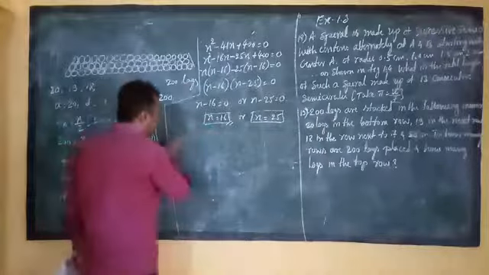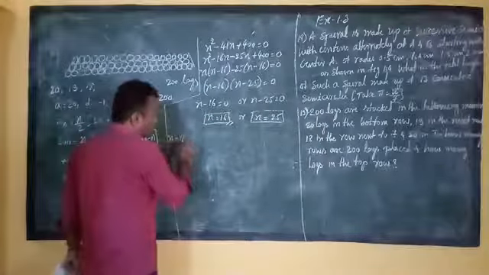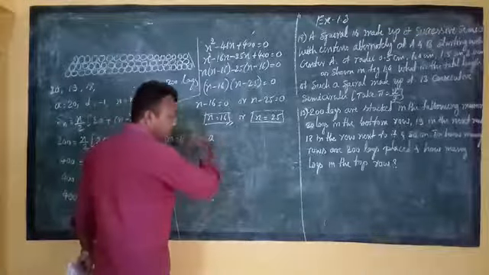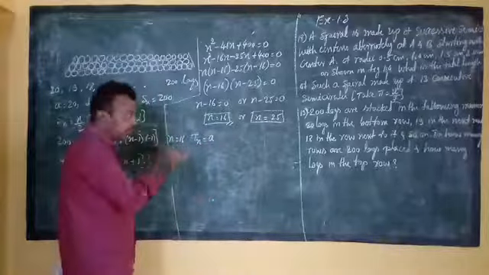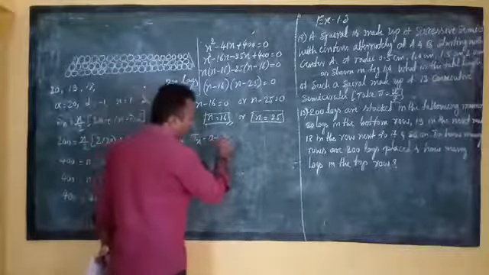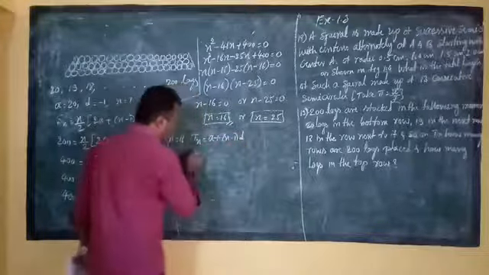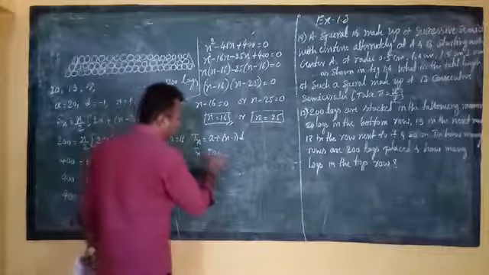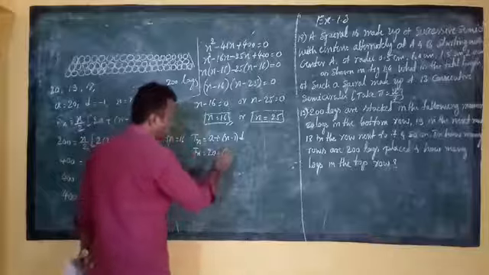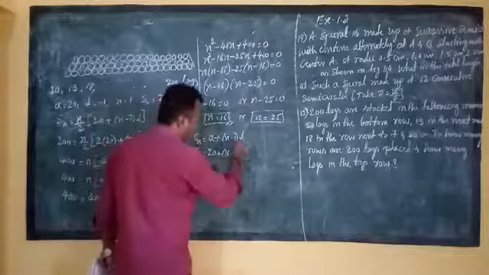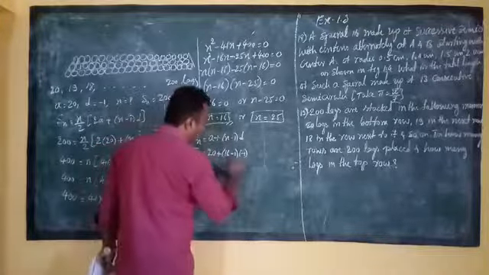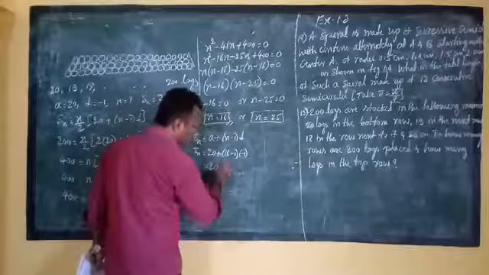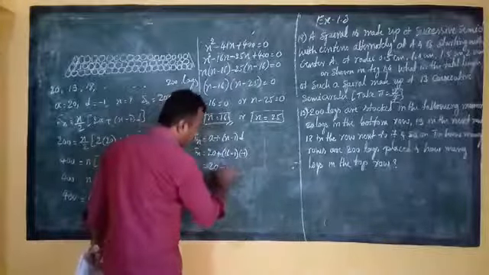We have to calculate. First, n is equal to 16. So the top row, how much? Tn, the last term we want to calculate, is a plus (n minus 1) into d. Tn is equal to a, the first term 20, plus (16 minus 1) into d, which is minus 1.